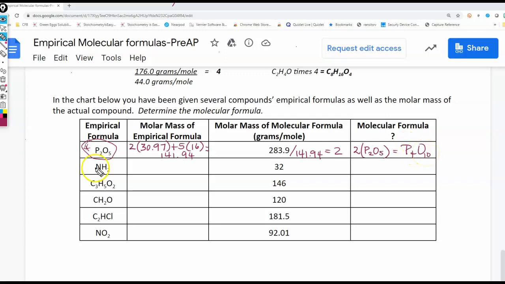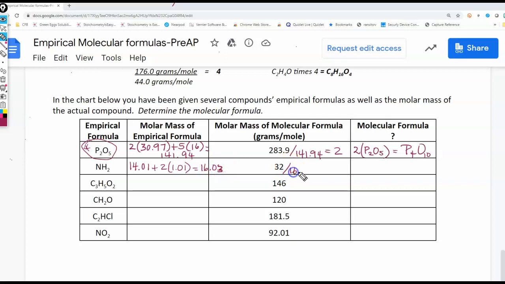I'm going to repeat the same thing, but I'm going to do it with NH2 this time, and I'm going to find the molar mass of the empirical formula first. So I have 1 nitrogen, and that is 14.01, plus 2 hydrogens, which is 2 times 1.01. So I'm going to add those 2 together, and I end up with 16.03 for my empirical formula mass.